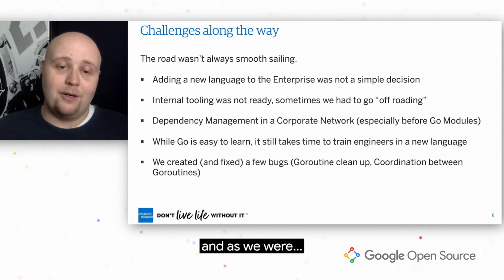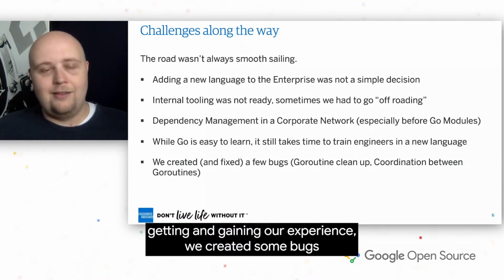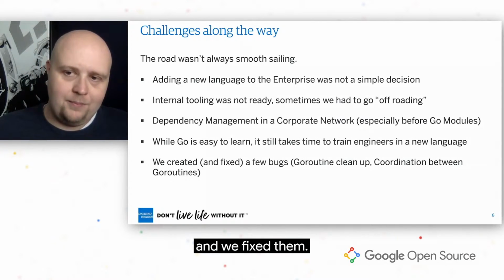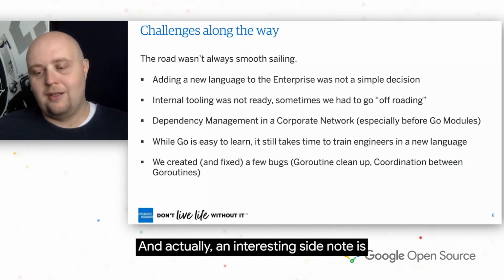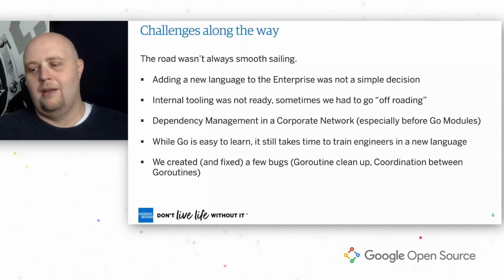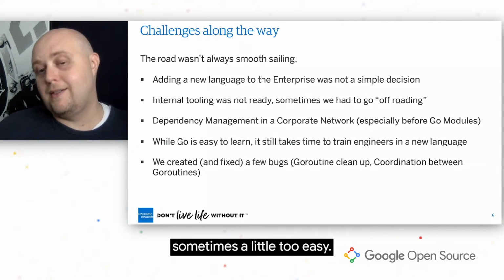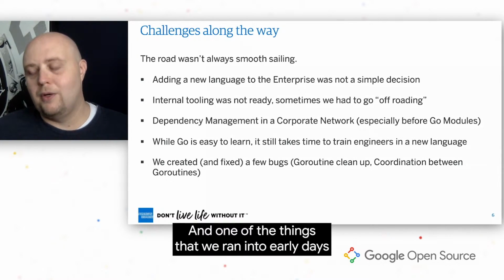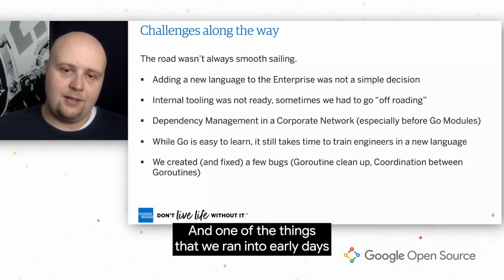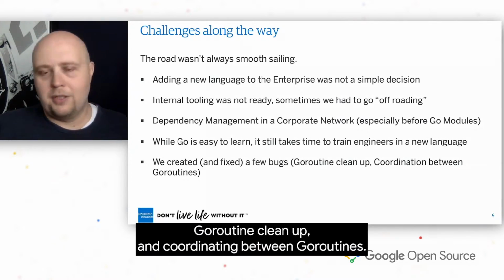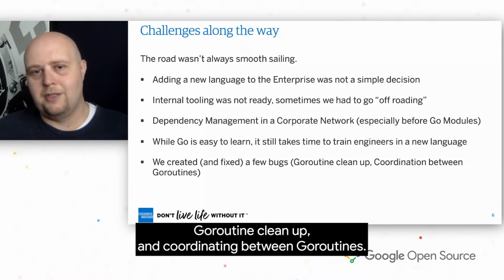And as we were gaining our experience, we created some bugs and we fixed them. And actually, an interesting side note is concurrency is very easy in Go, sometimes a little too easy. One of the things that we ran into early days in using Go is creating bugs around goroutine cleanup and coordinating between goroutines.